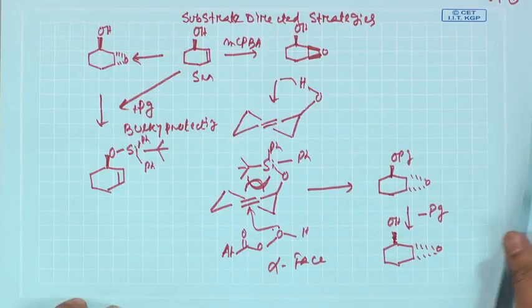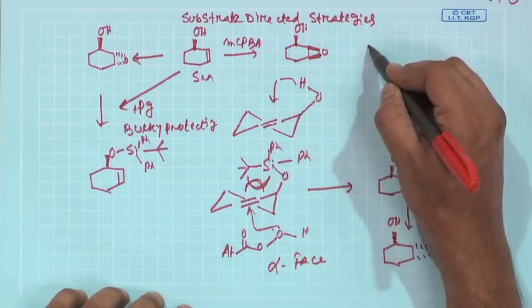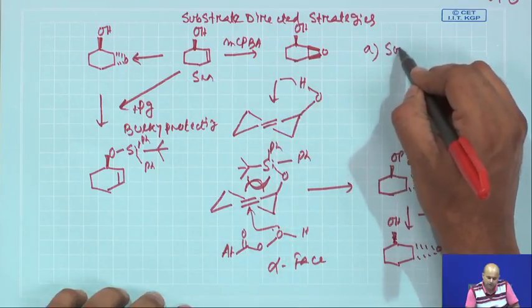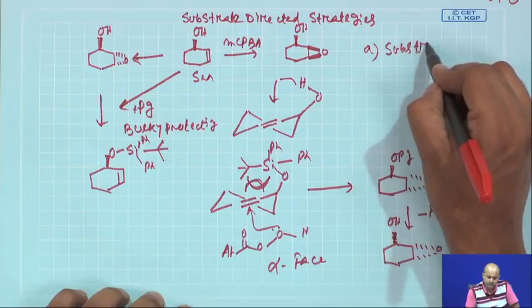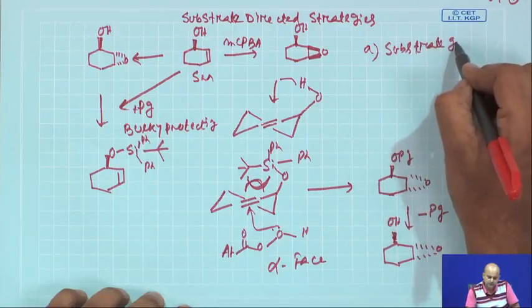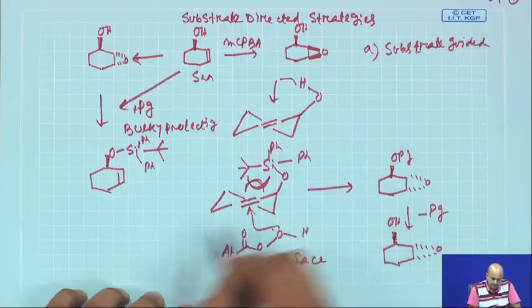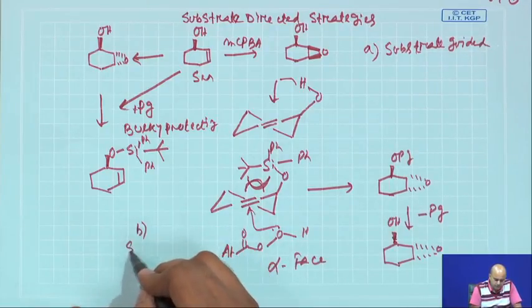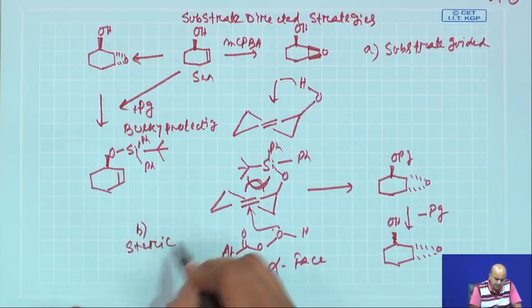So, the initial approach, where you have a hydrogen bond, is called substrate guided. The second one which we have just talked about is a steric guided approach.